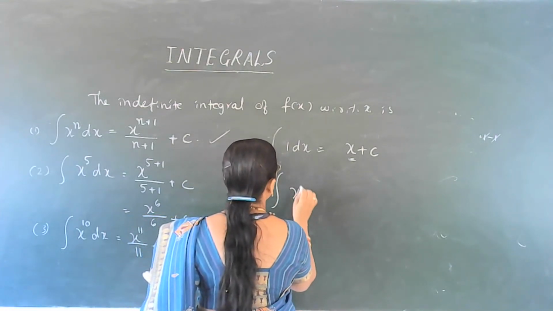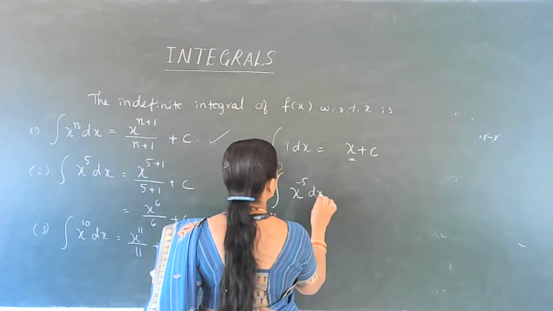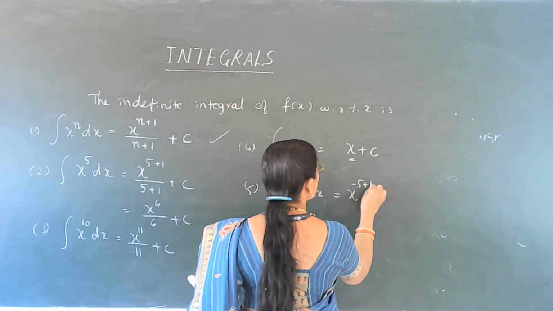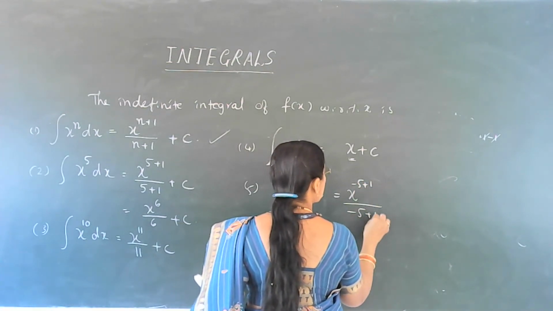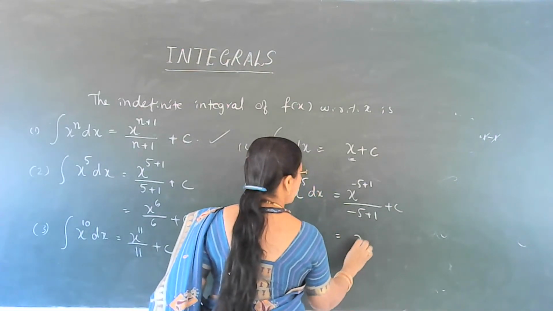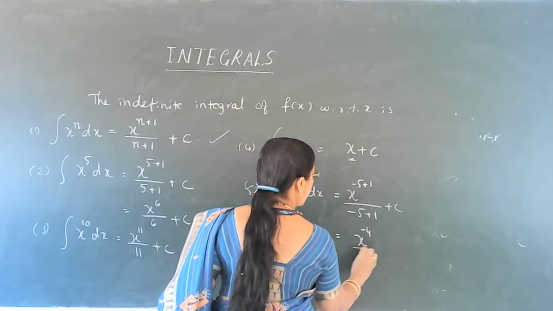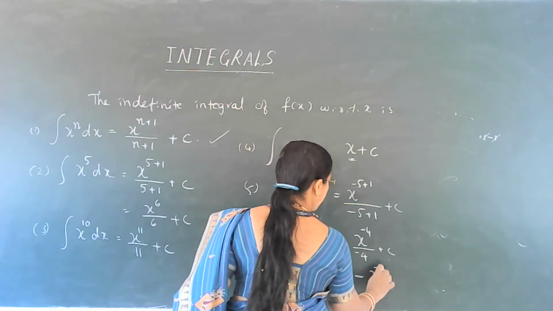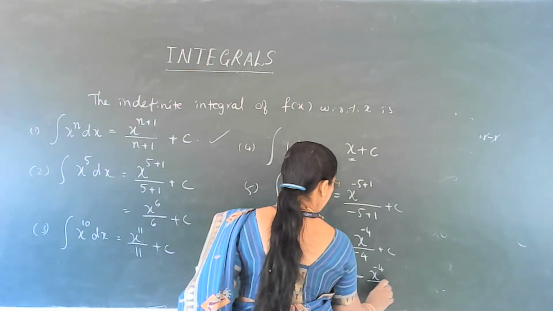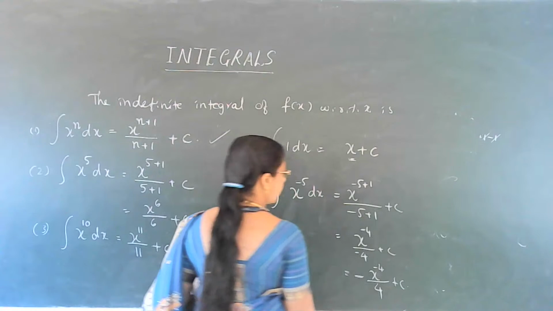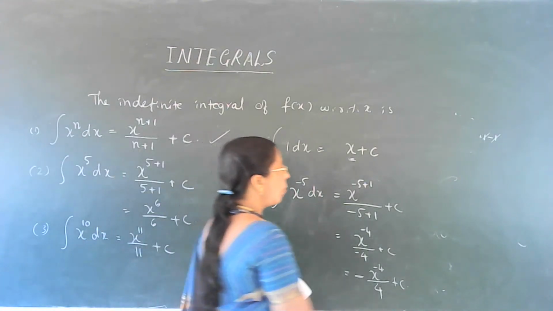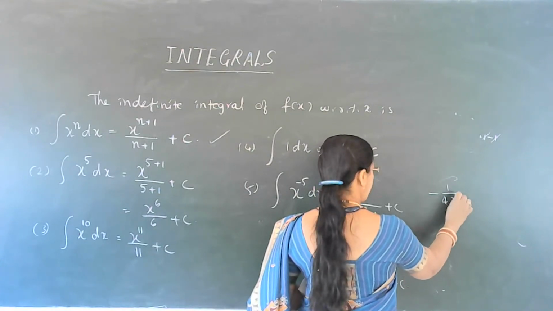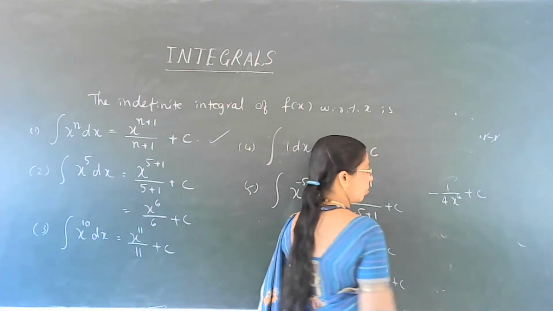In the same way, integration of x to the power minus 5 dx is equal to x to the power minus 5 plus 1 divided by minus 5 plus 1 plus c, which is equal to x to the power minus 4 divided by minus 4 plus c, which is equal to minus x to the power minus 4 plus c. We can also write it as minus 1 by 4 x to the power 4 plus c.